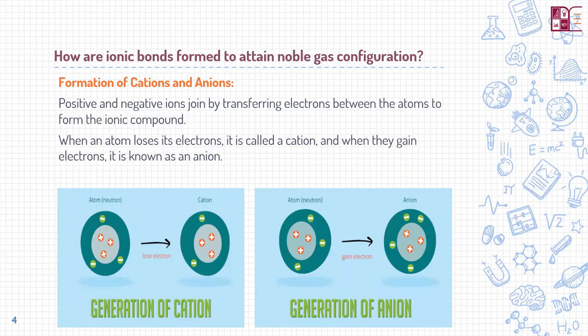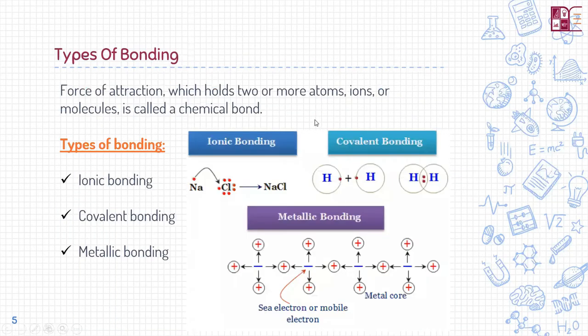Now coming back to the next slide. Here, the force of attraction which holds two or more atoms or ions or molecules in a bond is known as a chemical bond, and there are different types of bonding. We have ionic, covalent, and metallic. Ionic bonding is the bonding where the electrons are transferred between two atoms.